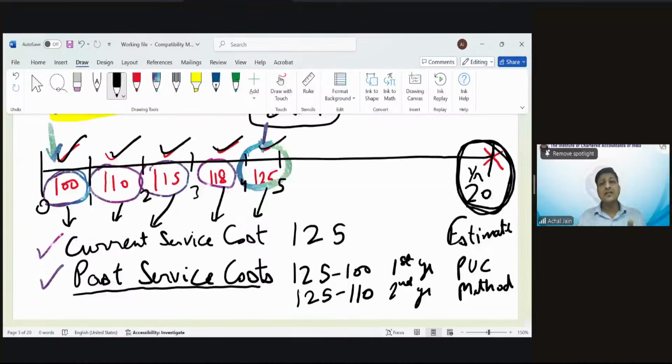You can say there is a third party consultant. An expert is required to estimate this amount, to compute this liability. That's why the valuation which this third party does is called actuarial valuation, using the projected unit credit method. We'll have a detailed discussion on this in our next session.